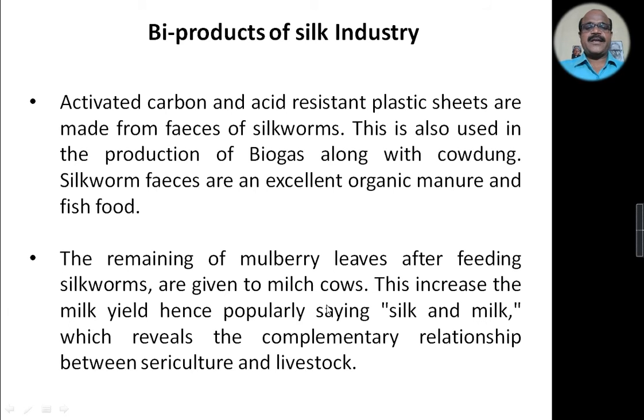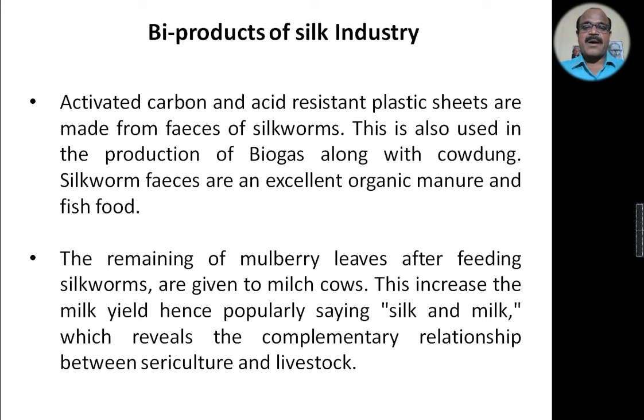Then the remaining mulberry leaves after feeding silkworms are given to the milch cows. This increases the milk yield, hence popularly saying that silk and milk. It's a very rhyming word.